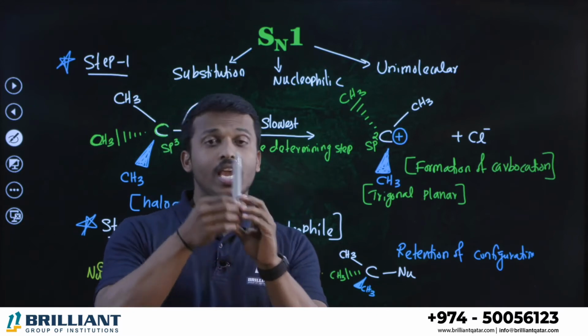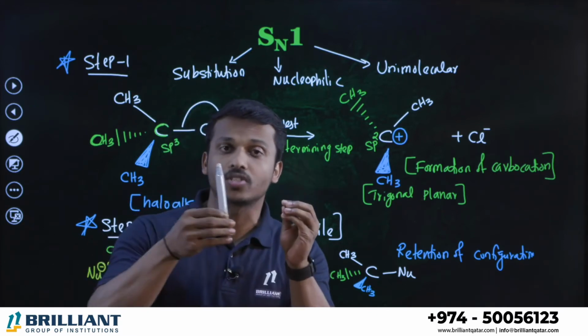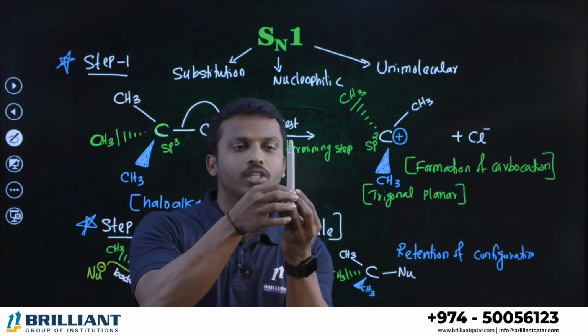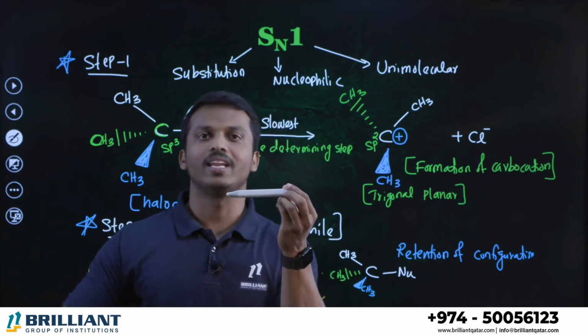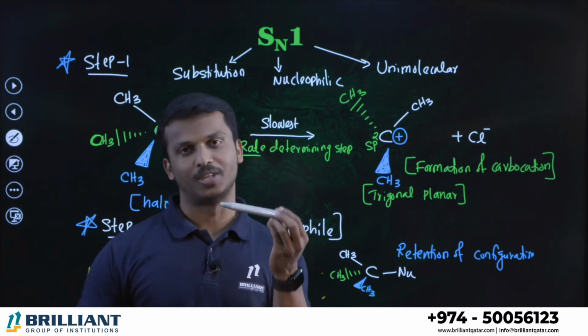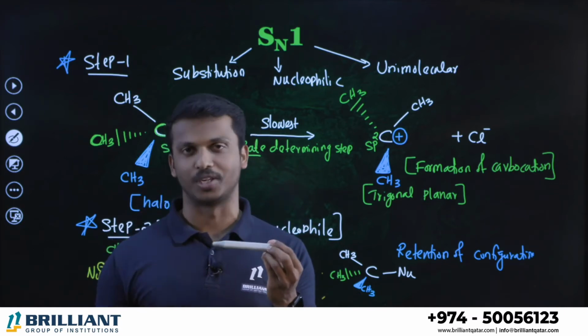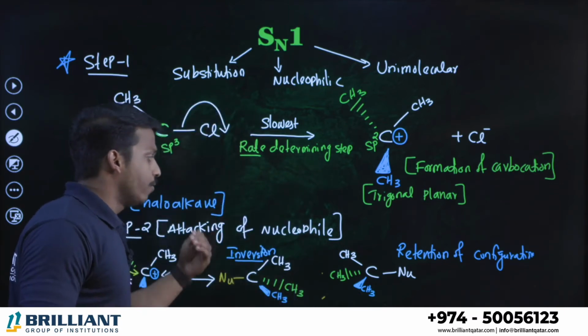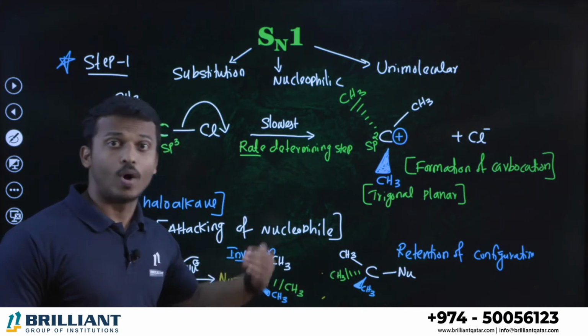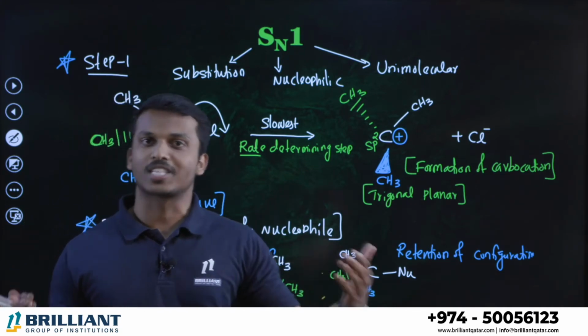If it rotates the plane polarized light anti-clockwise, then it is called a levorotatory object. So here, inversion is there, retention is there. So for one compound, we can say only through experiment.